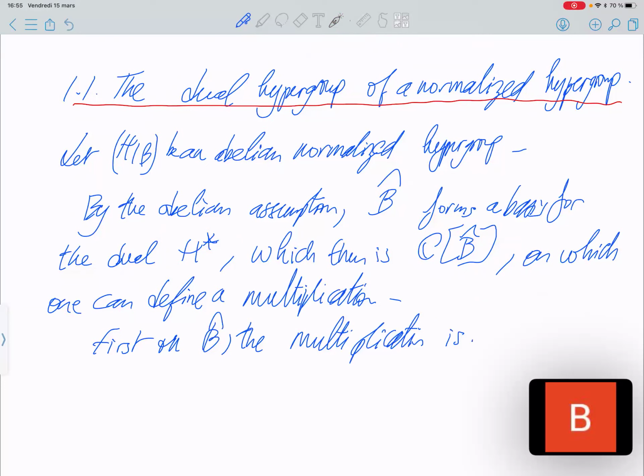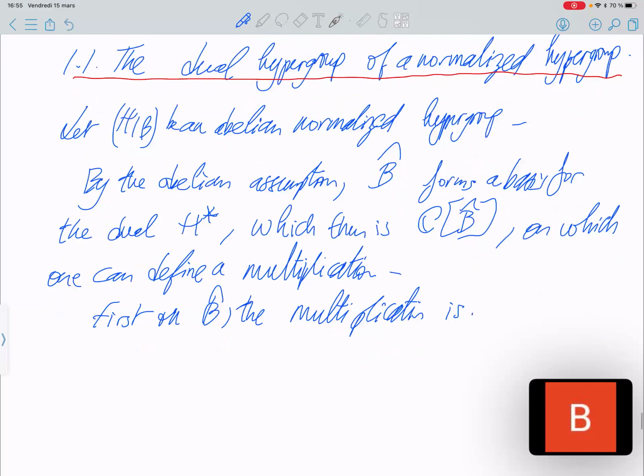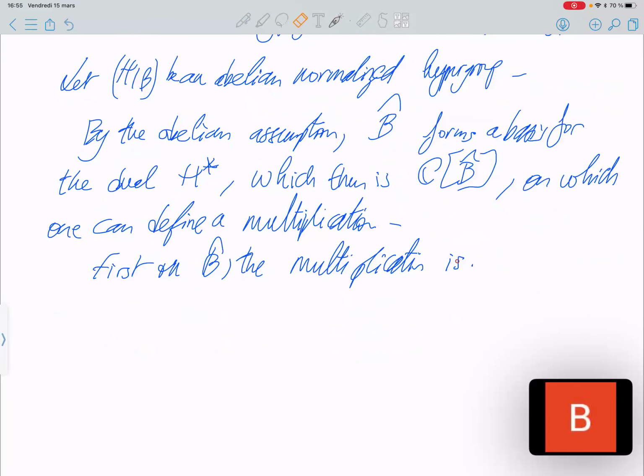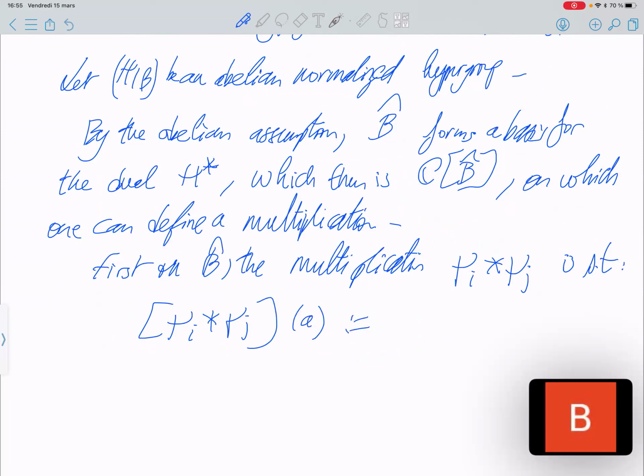The multiplication, which I denote like that, mu i star mu j, is such that mu i star mu j of a is mu i of a times mu j of a.